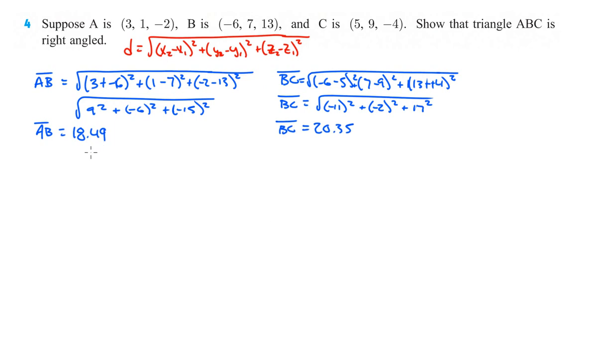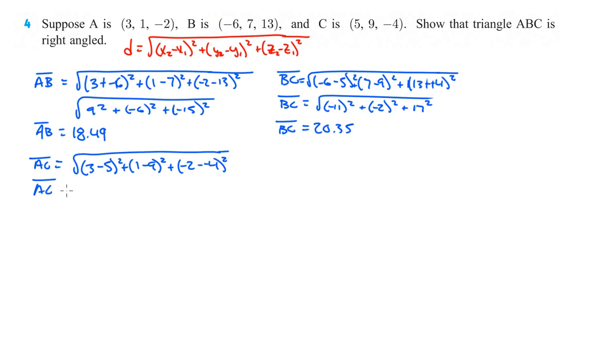And then let's do, what do we got left? We got A to C. So AC, A is 3 minus 5 squared plus 1 minus 9 squared, and -2 minus -4 squared.